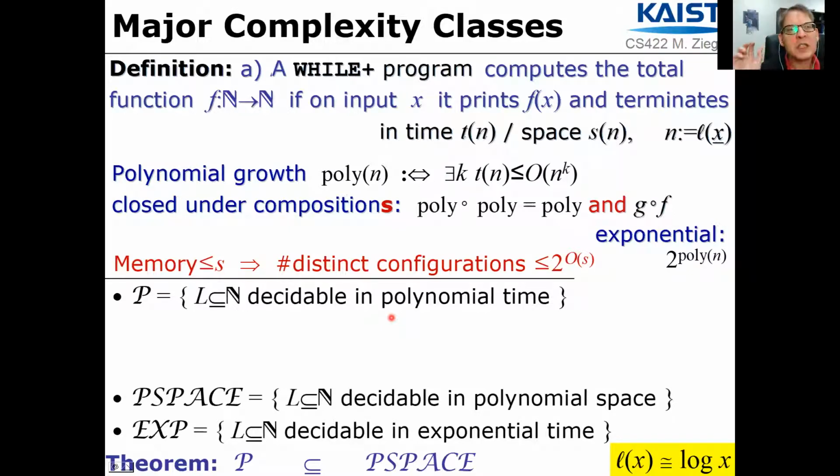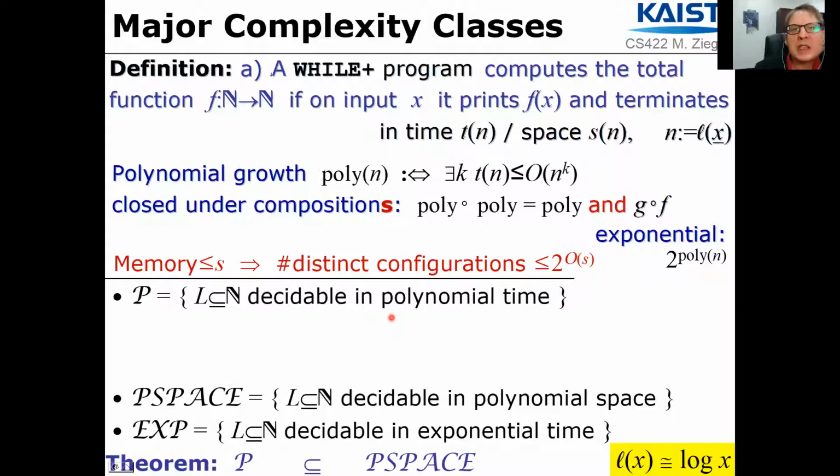So a configuration is a recording of all the K, a constant number of variables of the program at the time of the snapshot, as well as the number of the program counter. That is kind of the line number within the while plus program that is currently being executed.